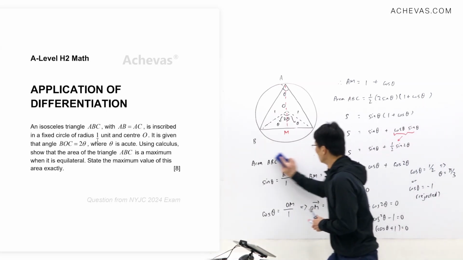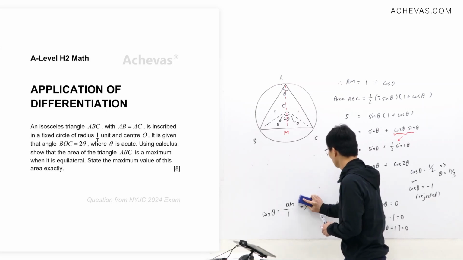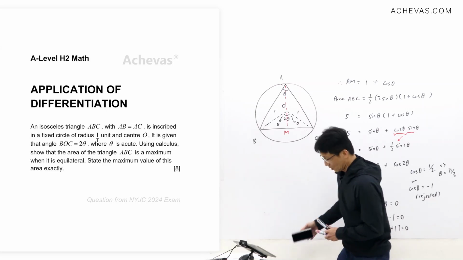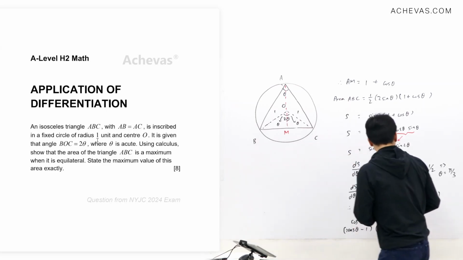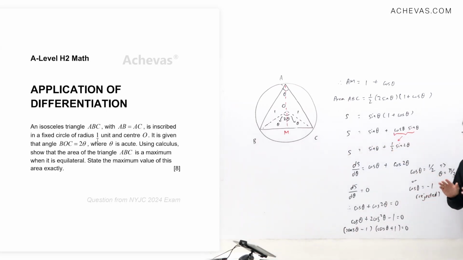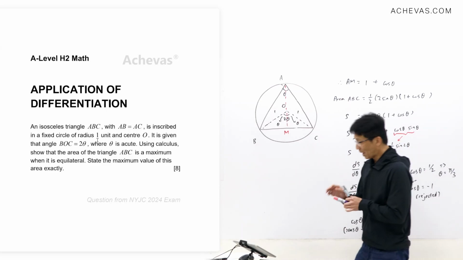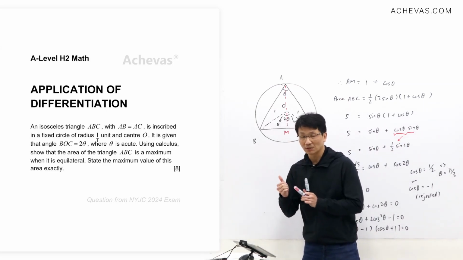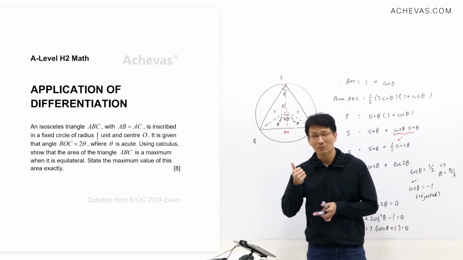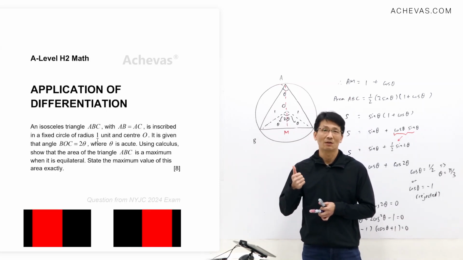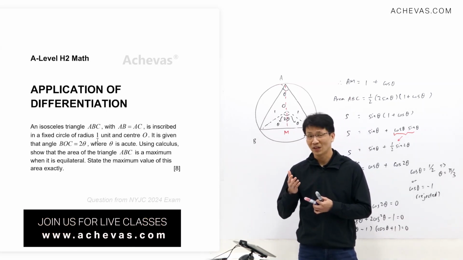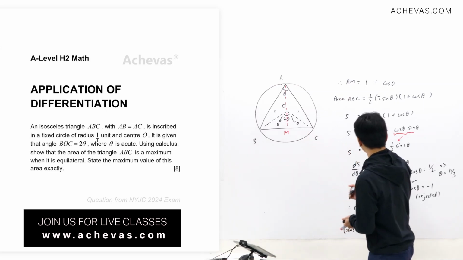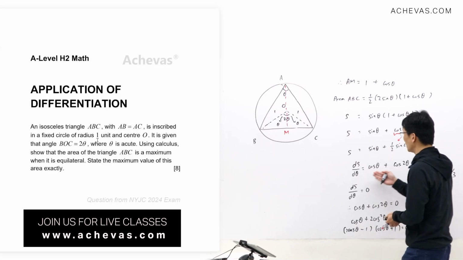So let's erase this part to make some space. We have theta equals pi over 3 that gives us the stationary value. But we still need to show whether it is a minimum or maximum. To prove this, we can either make use of the first derivative test or the second derivative test. So let's go for the second derivative test. I will differentiate this equation again.